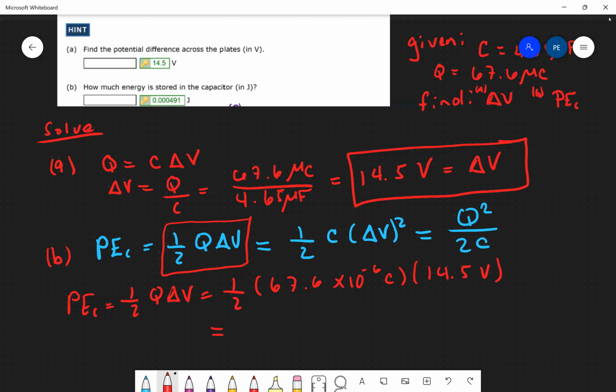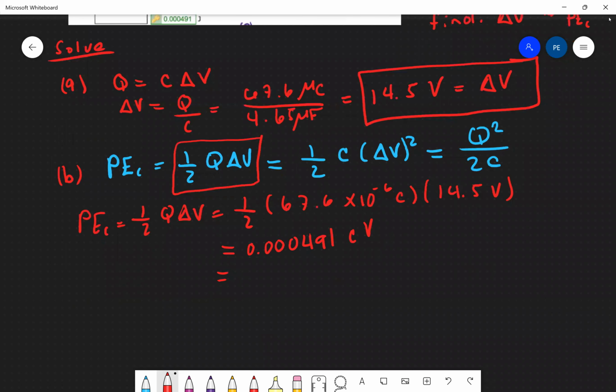This gives me a stored energy of about 0.000491 coulombs times volts, or in scientific notation, 4.91 times 10 to the negative 4 joules.